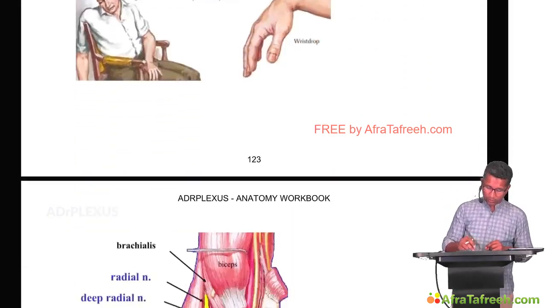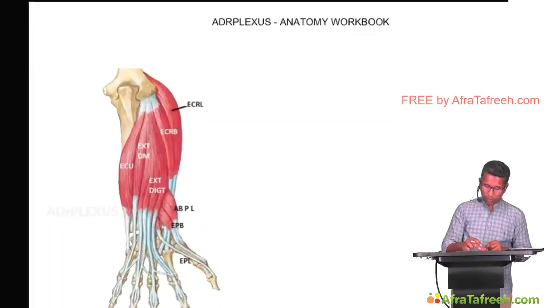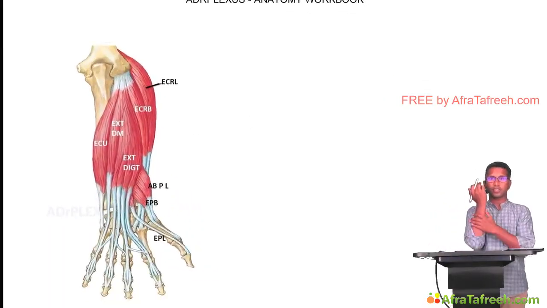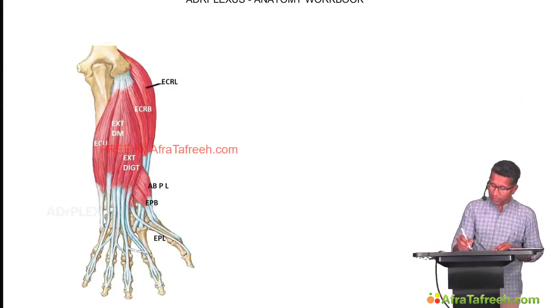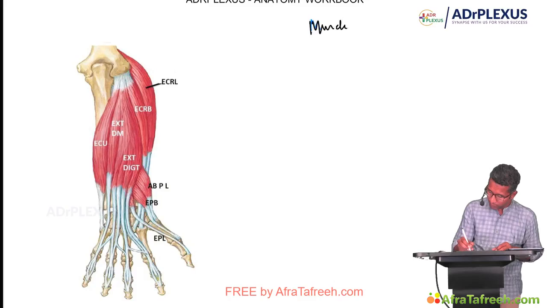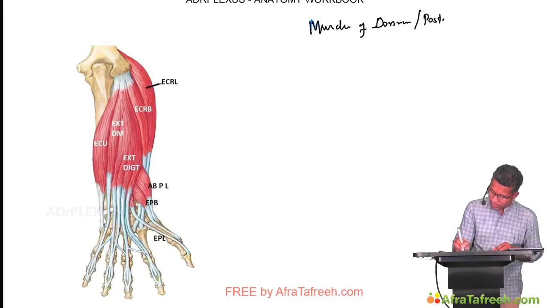Now when you go to the forearm, in the forearm you have a lot of muscles on the extensor aspect. Just to tell you the names of the muscles, we'll see the muscles of the dorsum, or the posterior aspect, of the forearm.